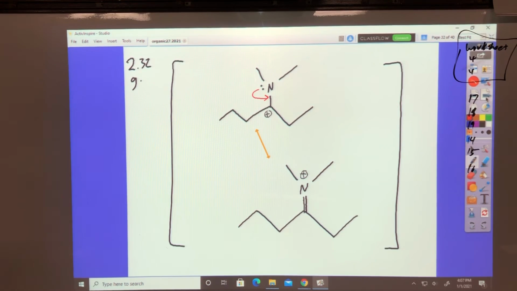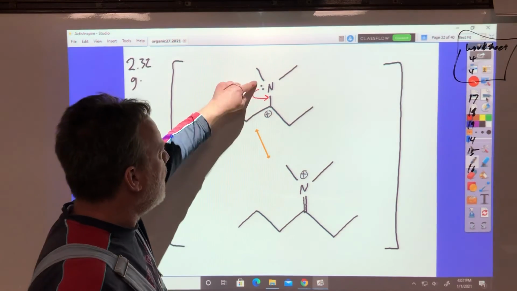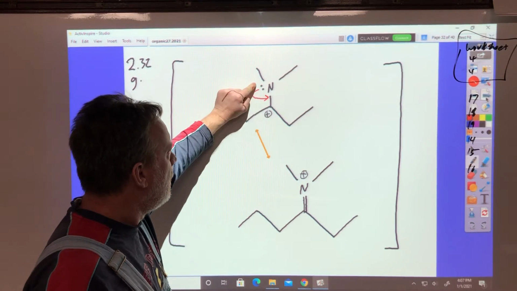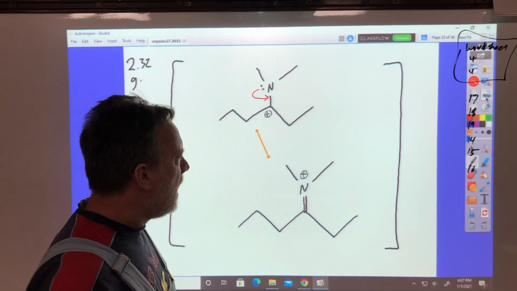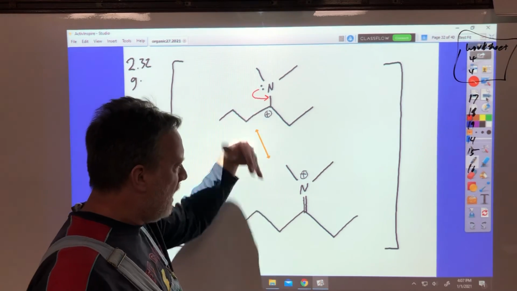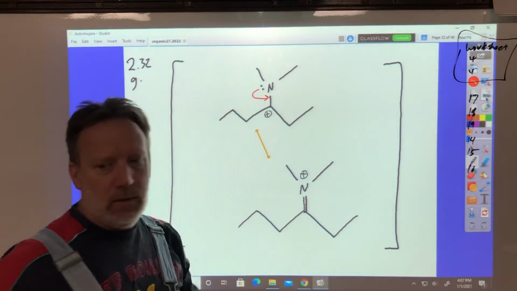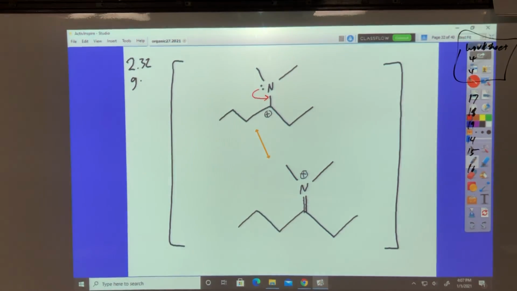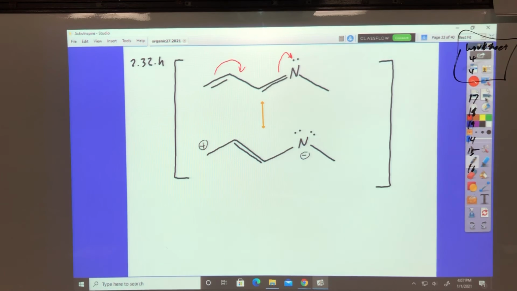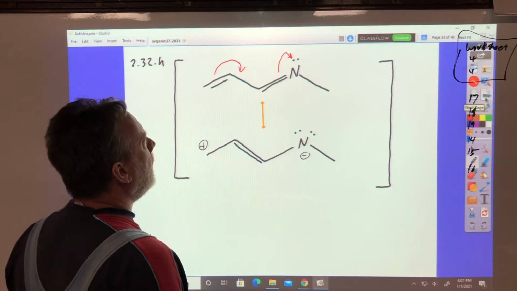This one, lone pair adjacent to a formal charge, would make it go like so. Then, going back the other way, you have a more electronegative atom here, so it goes that way. Okay, this is pretty much the same thing we saw before.